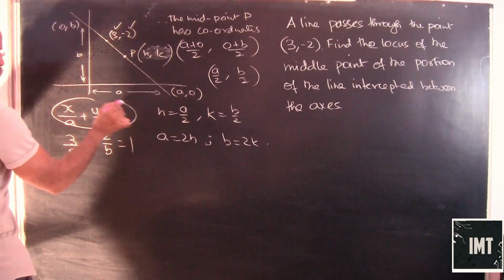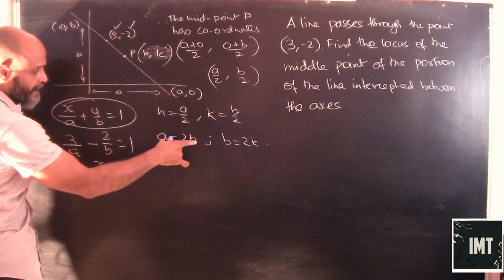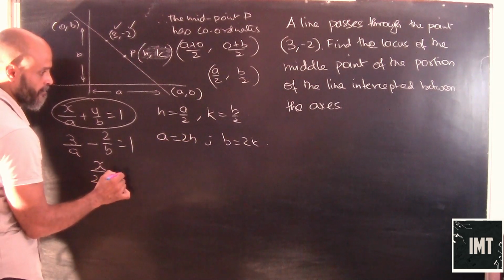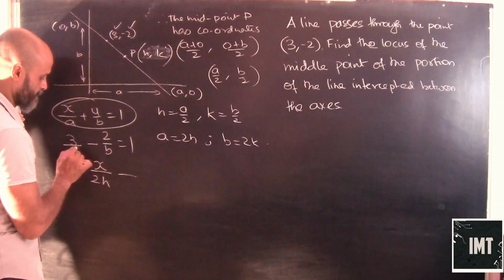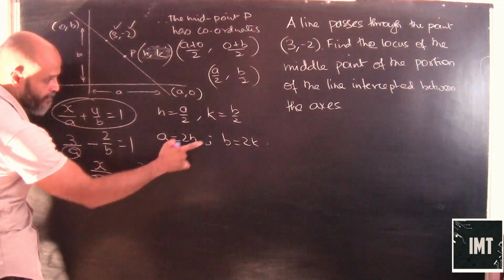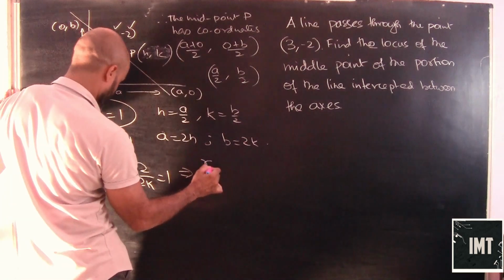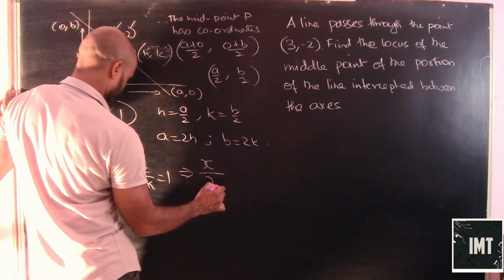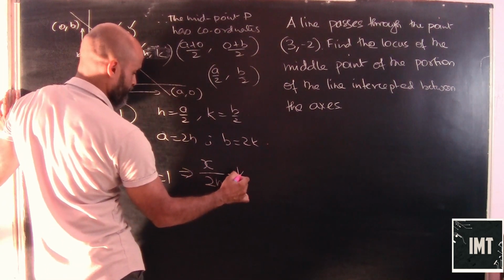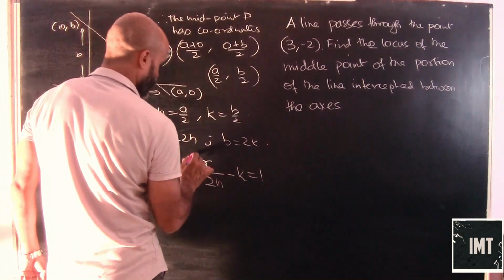If we substitute these values in this line, x by a, that is 2h, minus 2 by b, that is 2k, is equal to 1, which is going to give us x by 2h minus 1 by k is equal to 1.